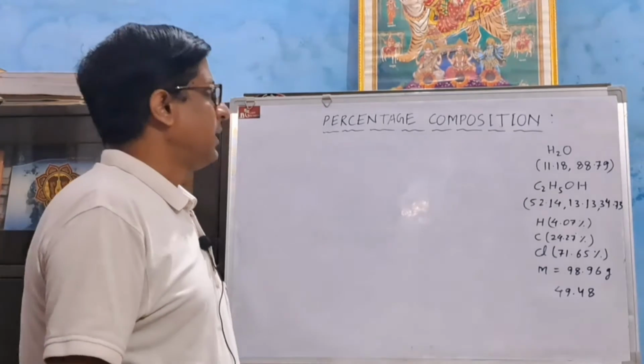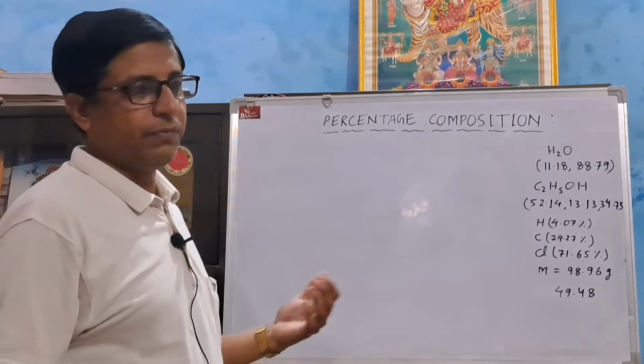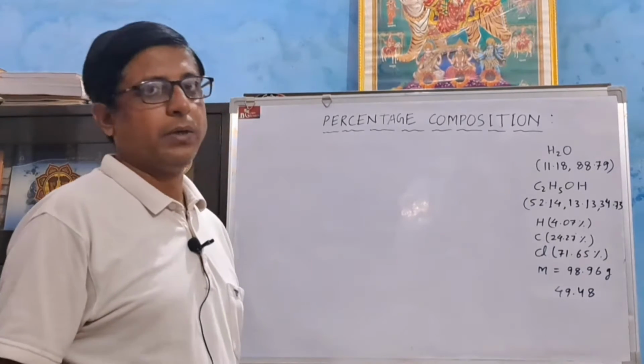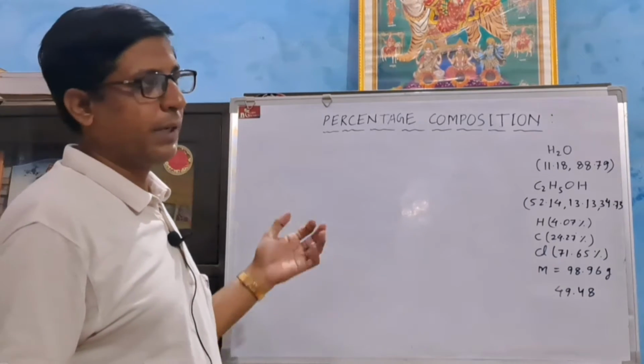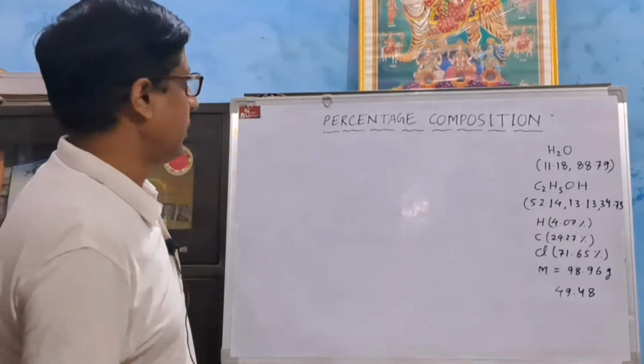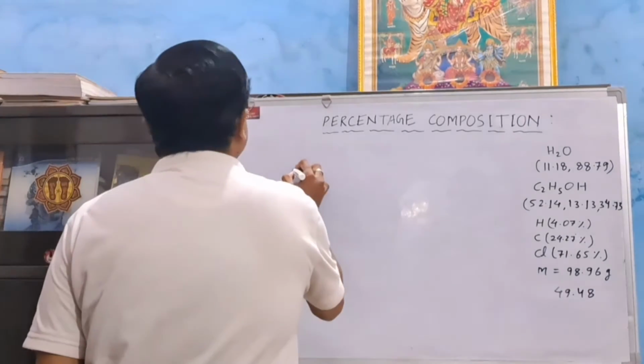Now, the percentage of different elements present in a compound can be calculated by the following equation.